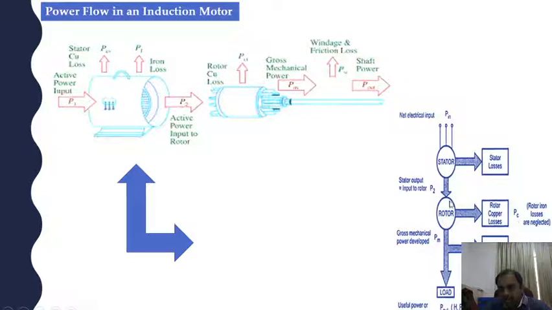The rotor is there, and across the rotor there is a rotor copper loss, PC, and the output of the rotor is the gross mechanical power, and this is the shaft. Here is the load, that is P out in horsepower, HP meaning the horsepower rating, and the mechanical loss. So there are these notations: P in, P2, PM, PC and P out.